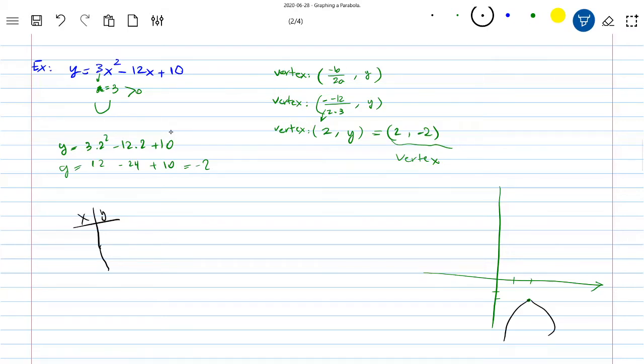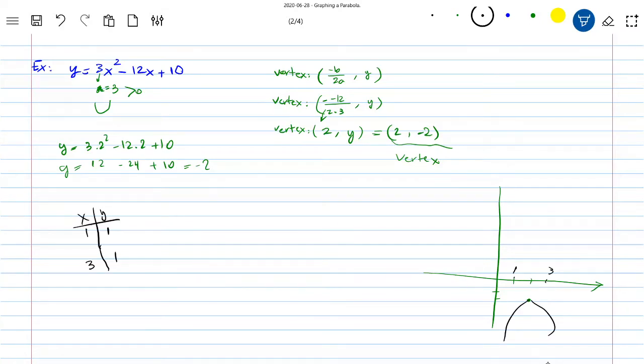What do I pick? I pick some numbers close, something like 1 and 3. If I pick x equal to 1, x equal to 3, and replace 1 into the function, what you get is 3 times 1 minus 12 plus 10. Oh, I made a mistake, sorry.